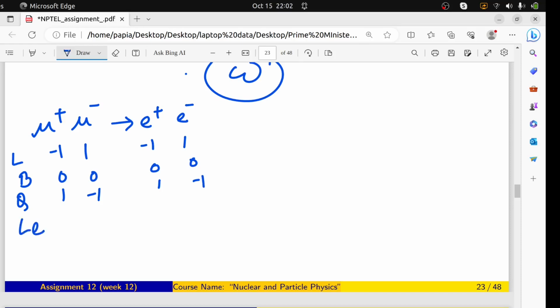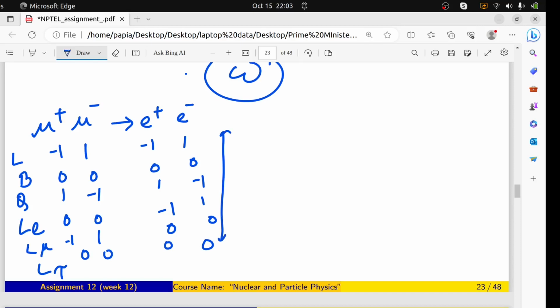Then Le will be 0 0, and for here minus 1 plus 1. L mu is 1, minus 1, 1, and this is 0 0. L tau is 0. Then you can see that L, B, Q, Le, L mu, L tau are all conserved in that case.